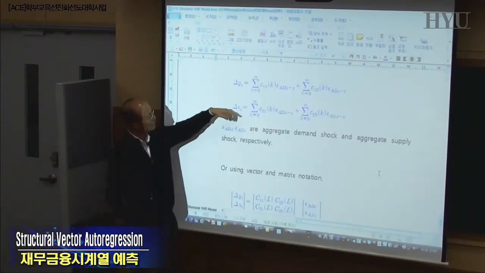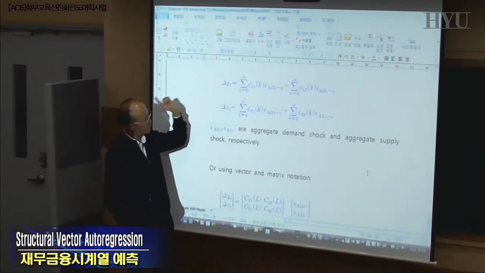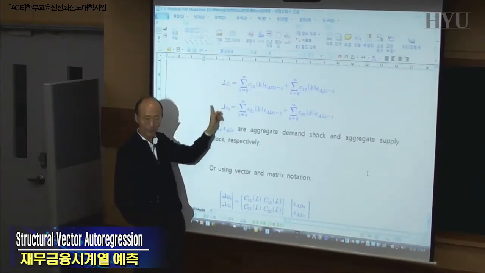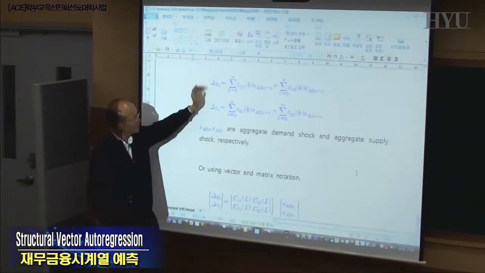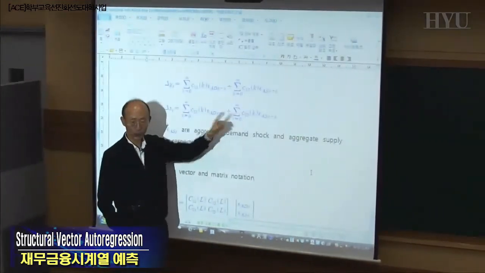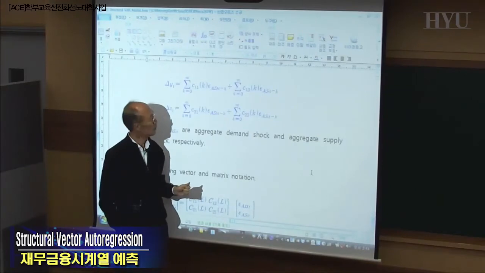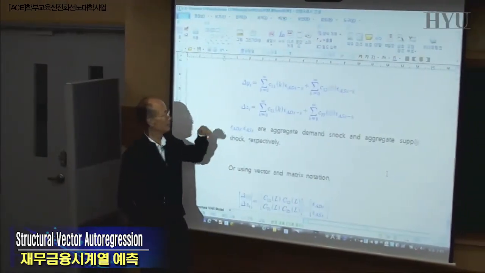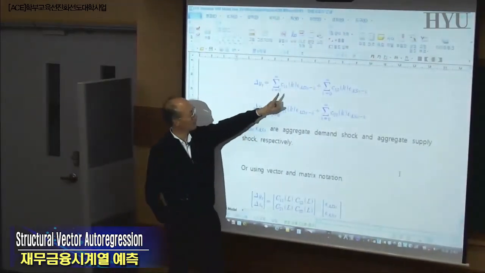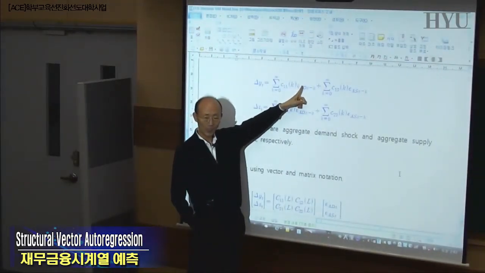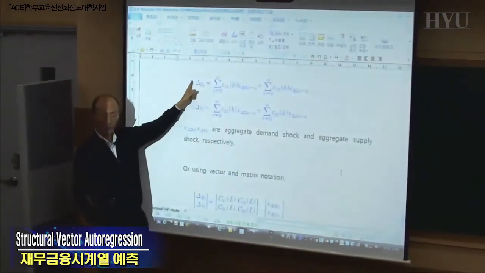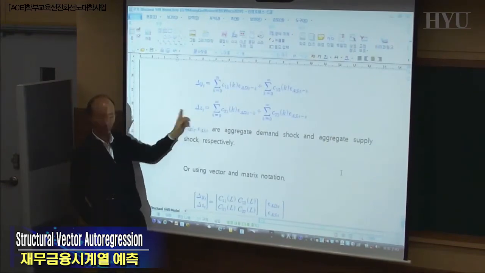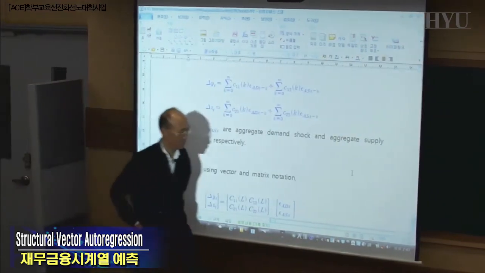Well, actually, all you have is these two, the data, right? And the question is how to identify those shocks. So you might be interested in what would be the effects of current aggregate demand shock on the future path of real GDP growth rate, or unemployment rate, and so on.